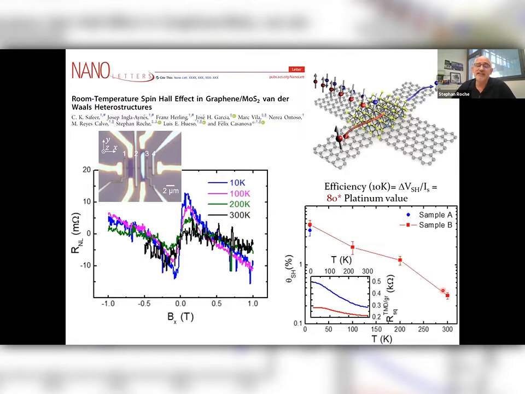The point here is that, unfortunately, in this device configuration, there was no possibility to tune by a gate the position of the Fermi level, so we cannot really be sure of the possibility to improve this by gating. And gating is also very important in order to design an active spin device.